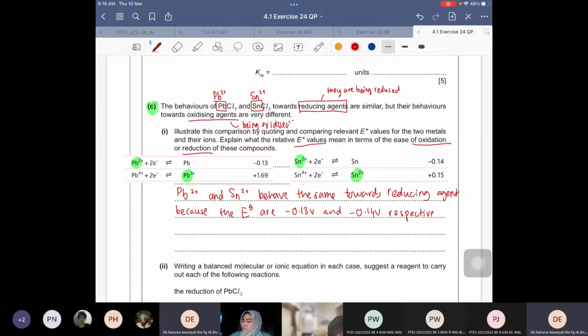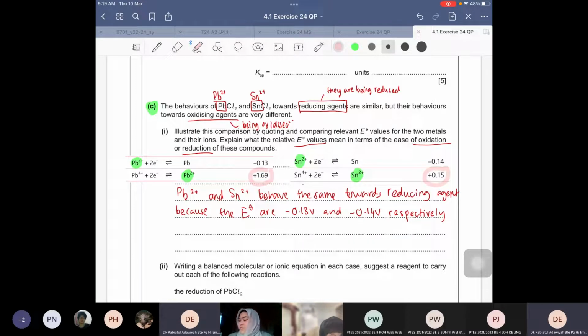Okay, so the numbers are quite close to each other, so you would expect them to behave the same way, or you would expect the ease of reduction is also similar. Now I want to look at their behavior towards oxidizing agents.